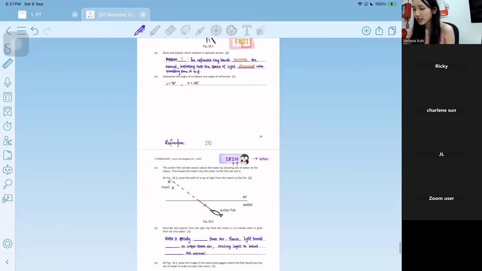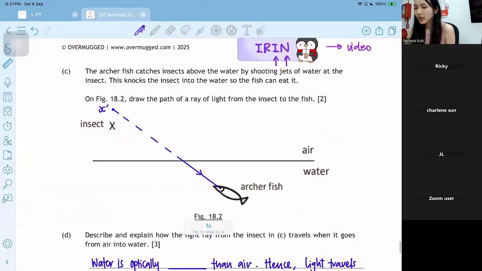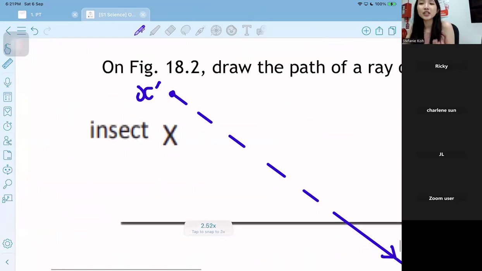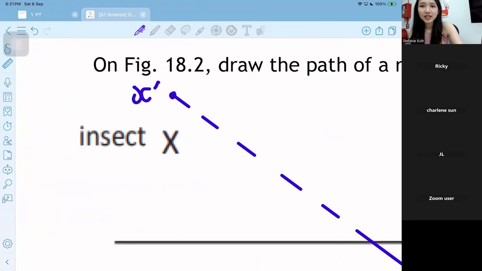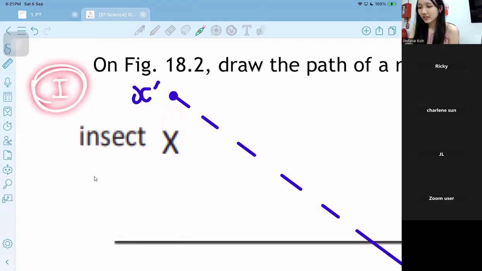I'm looking at the insect, but what the fish is actually looking at is the image of the insect, which is above. So this point over here is above the actual object. That is your eye.